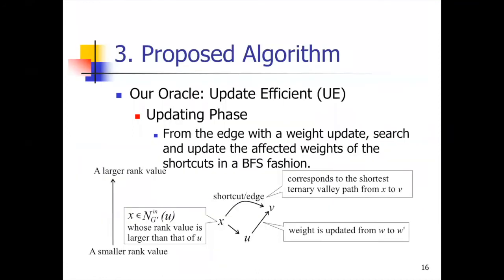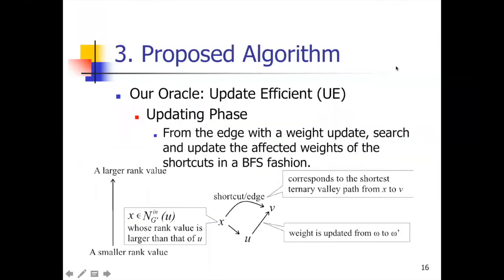In the updating phase, starting from the edge with a weight update, we search and update the effective weights of the shortcuts in a BFS fashion. Consider this example, where the weight of the edge UV is updated from omega to omega prime. Consider an in-neighbor X of U whose rank value is larger than that of U, and consider the edge XV.